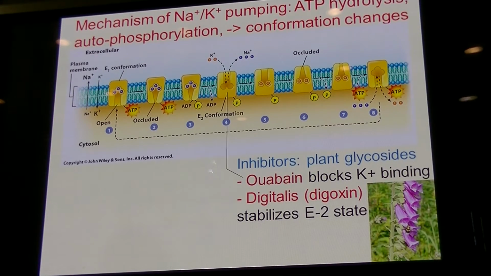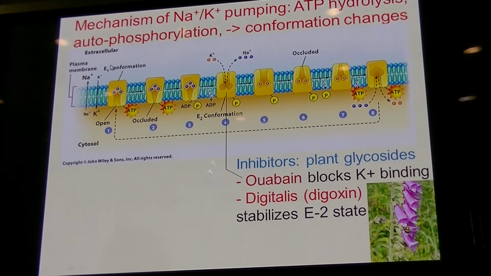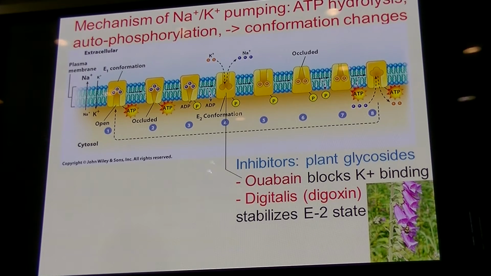How does it work? The P-type pumps are pretty important. Here is the major pump, which is called the sodium-potassium pump, which maintains the main sodium gradient across mammalian cells. And it consumes 30% of the energy in most of your cells and up to 70% of the energy in your neurons.